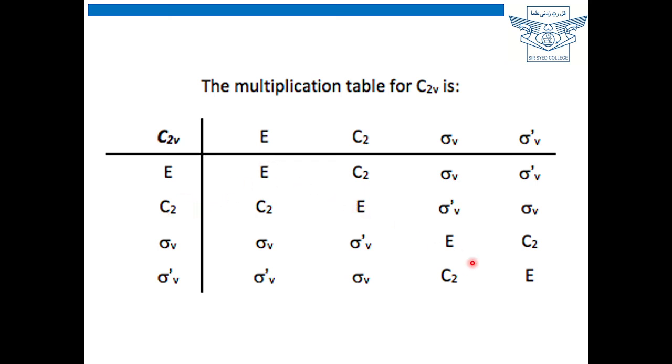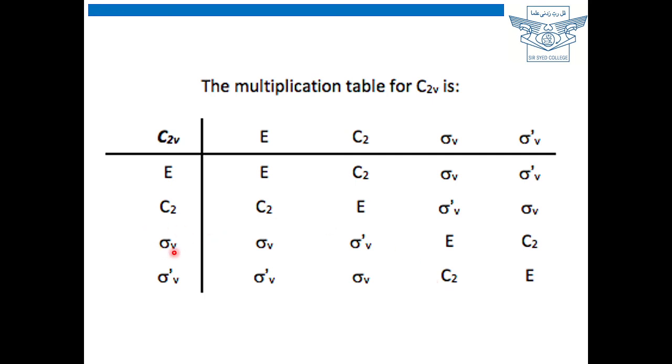Along the diagonal, the same operation comes here: C2 becomes E, sigma V becomes E, and sigma V prime becomes E. The only remaining thing is to fill these three elements here and these three here, 6 elements.